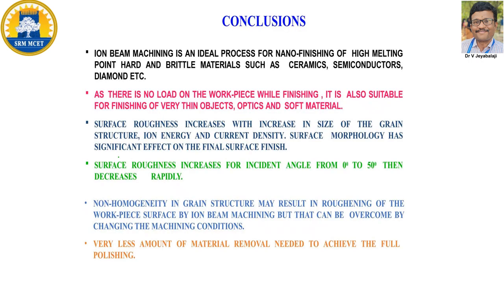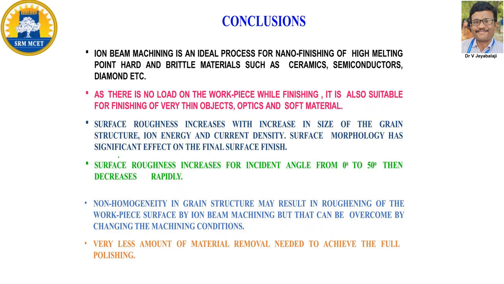Conclusion. It is an ideal process for nano finishing of high melting point, hardened, brittle materials such as ceramics, semiconductors and diamond. As there is no load on the workpiece while finishing, it is also suitable for finishing of very thin objects, optical and soft materials also.